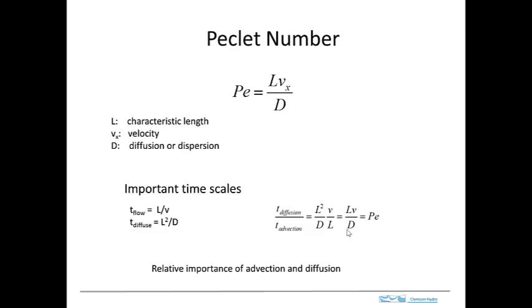Okay, so what we think of when we see this now is that this is the characteristic rate of advection divided by the rate of diffusion or dispersion. And so if this number is a lot greater than 1, then it's mostly advection happening in the problem, and if it's much less than 1, it's mostly diffusion.